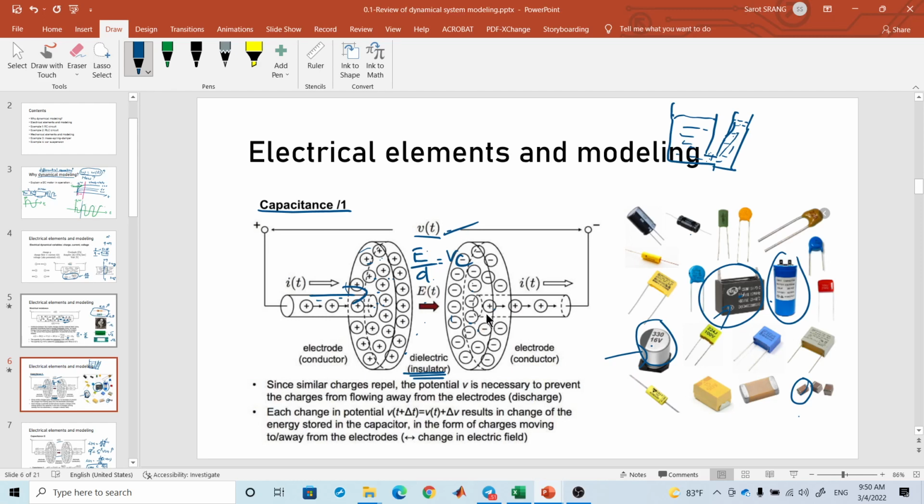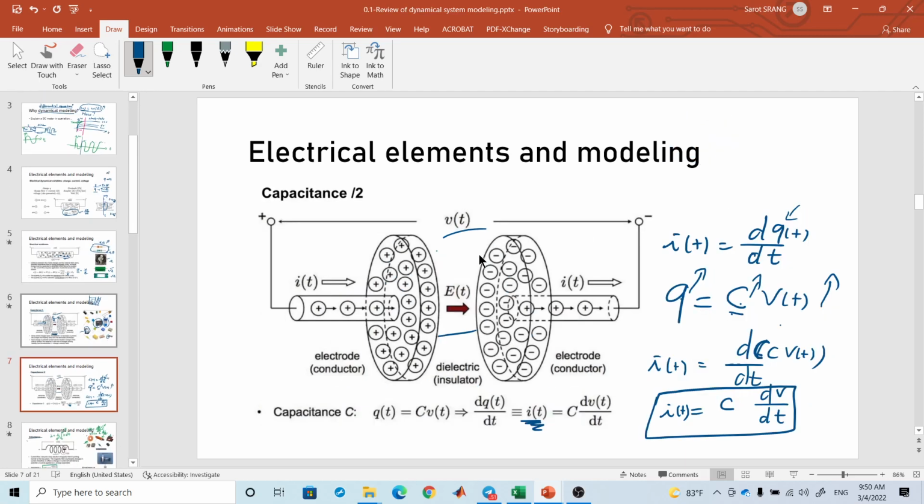Actually, the larger the surface and the closer the two plates are put together, the more charge it can store. So that's why the amount of charge is proportional to the physical size.